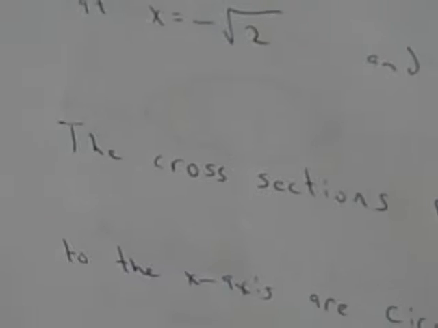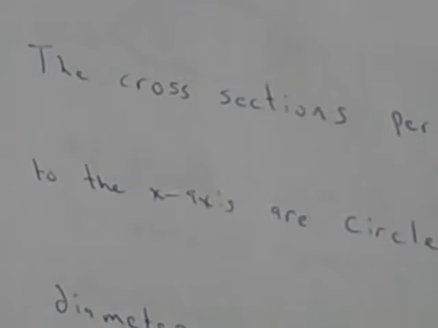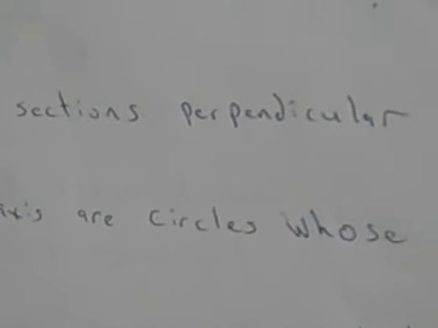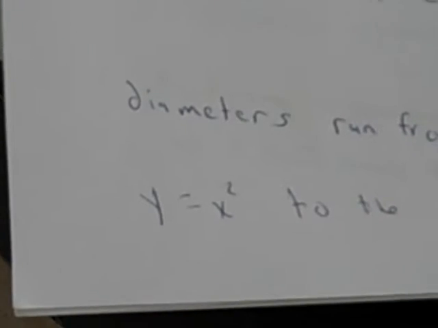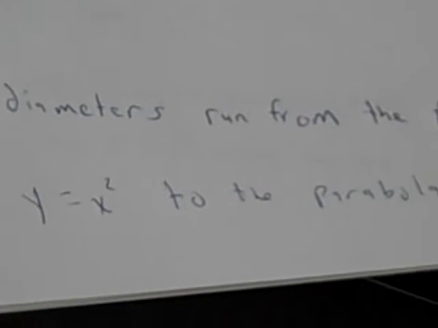The cross sections perpendicular to the x-axis happen to be circles whose diameters run from the parabola y equals x squared to the other parabola y equals 4 minus x squared.